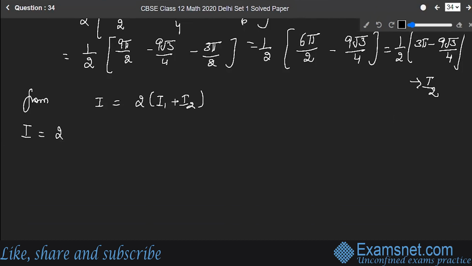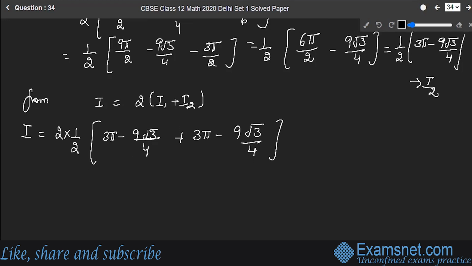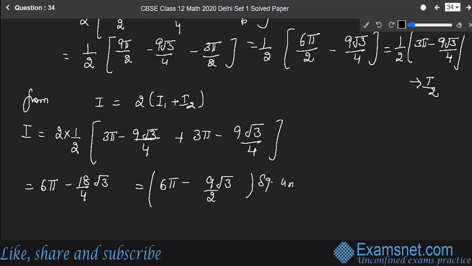I is equal to 2 into 1 by 2, 3 pi minus 9 root 3 by 4 plus 3 pi minus 9 root 3 upon 4, which is equal to 6 pi minus 18 root 3 upon 4. That gives you 6 pi minus 9 upon 2 into root 3. That's it. Square units. So this is the answer to the question.